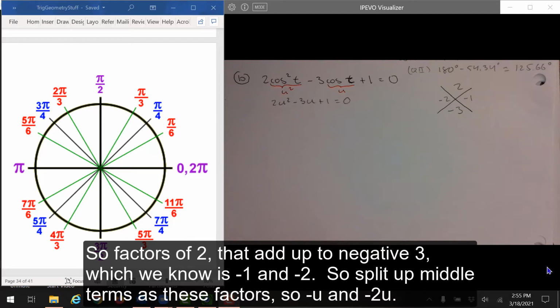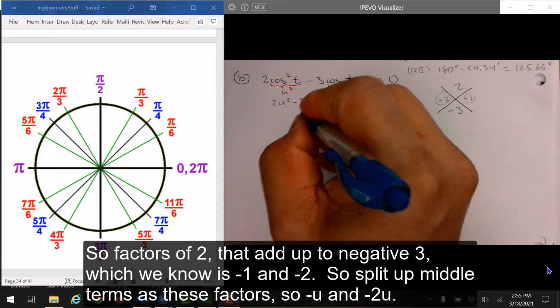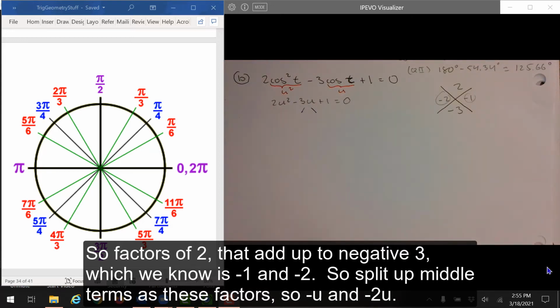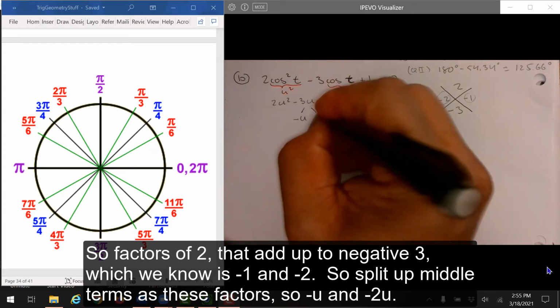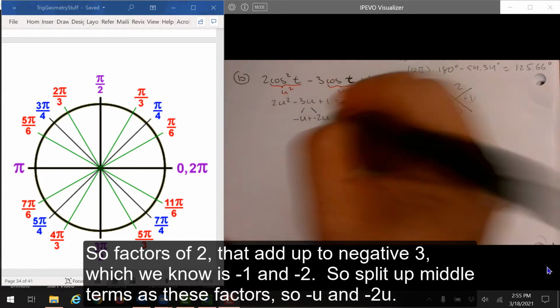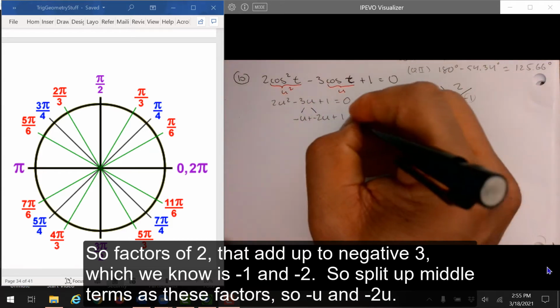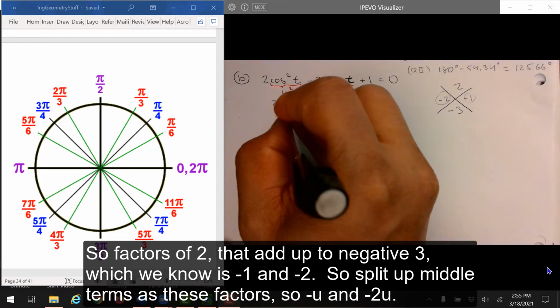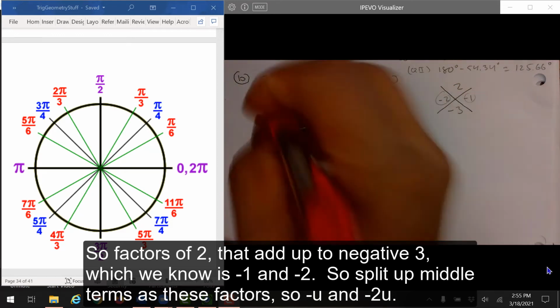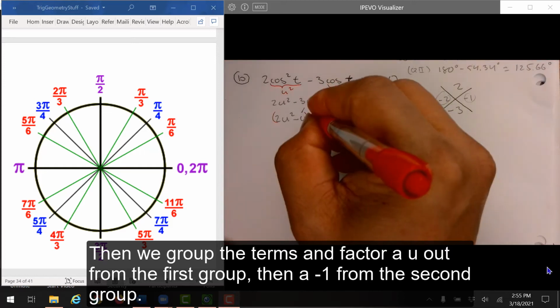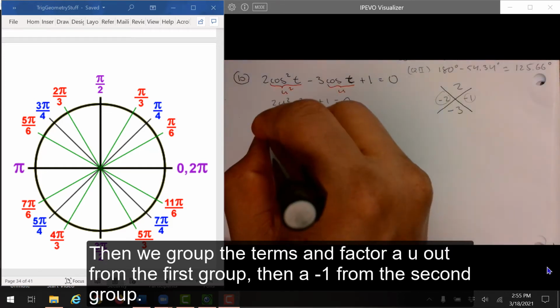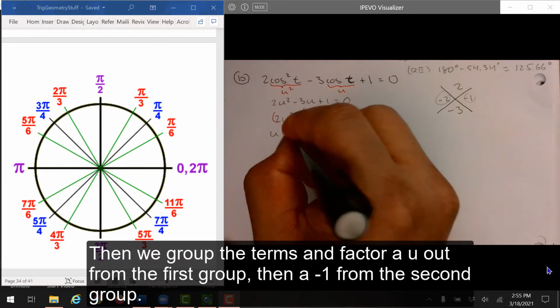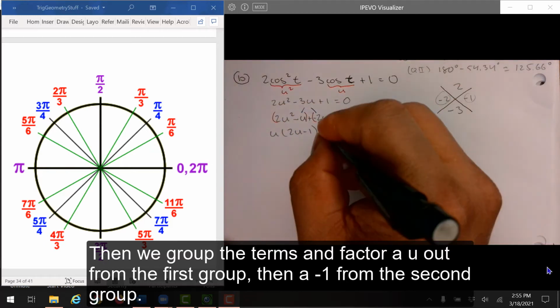So split up middle terms as these factors, so -u and -2u. Then we group the terms and factor a u out from the first group, then a -1 from the second group.